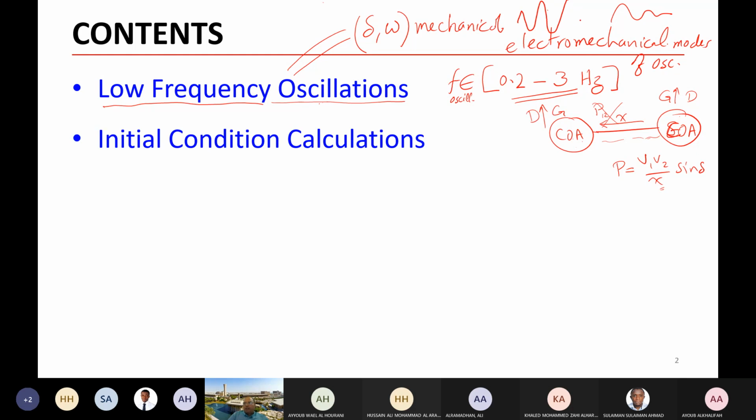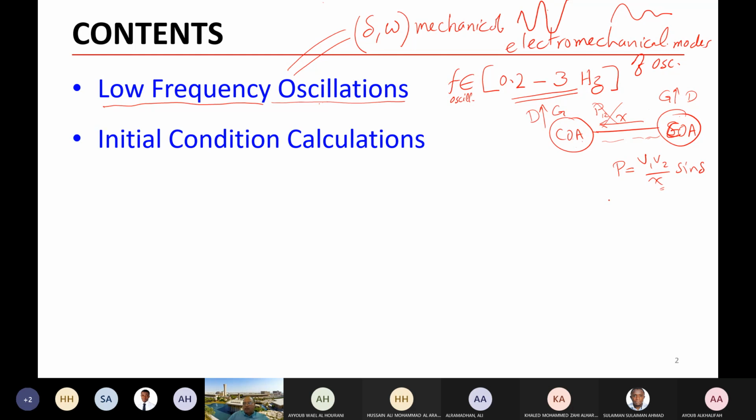After 2, 3, 4 seconds, the power is not going this way but this way, and this way. So you have what we call the pole slip.